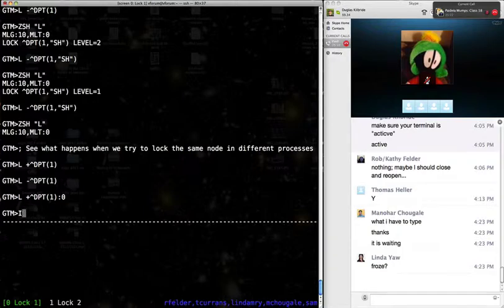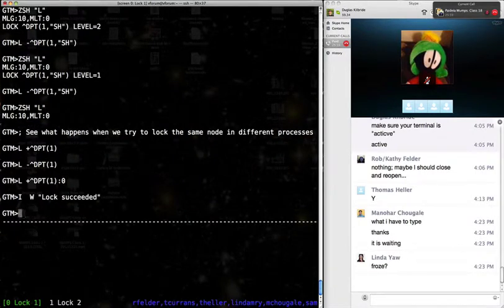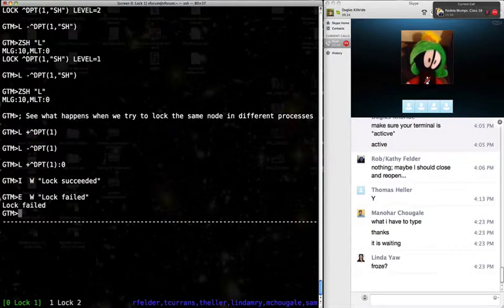So I would say if, two spaces, lock succeeded, else, lock failed. So did the lock succeed or fail here? It failed. This prevents us from having a problem where when we try to lock something, we would freeze up the system. You have to put a timeout on your locks. That's important.